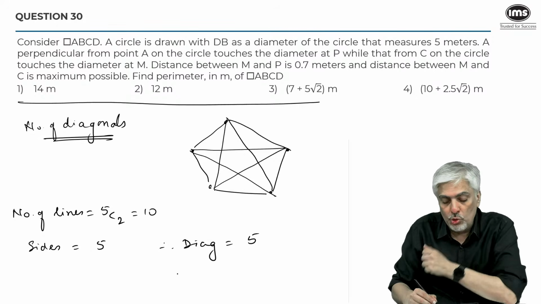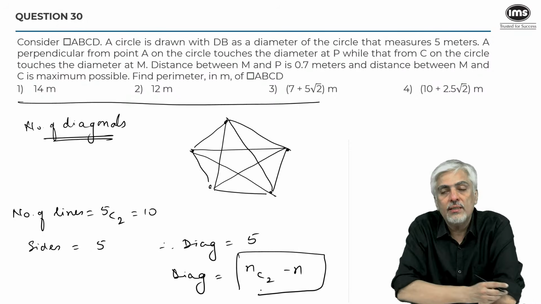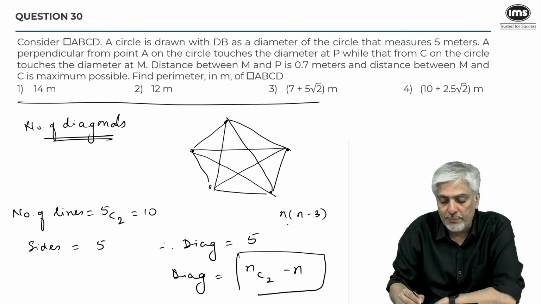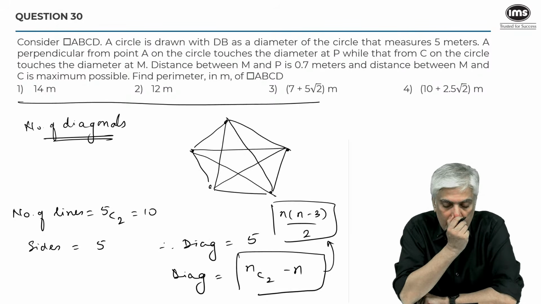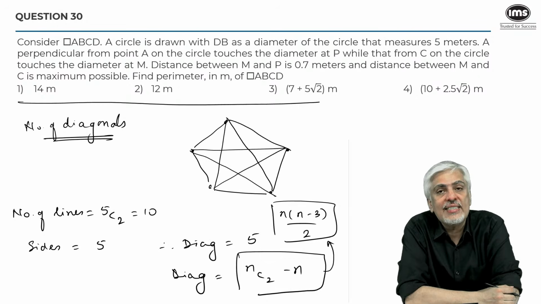So, a better way of knowing diagonals is through PNC, NC2 minus N, which translates into the formula which somebody gave. Rishikesh gave, I think so, N into N minus 3 upon 2. If you solve this formula, you get this only. N into N minus 3 upon 2. Otherwise, the formula is directly NC2 minus N.